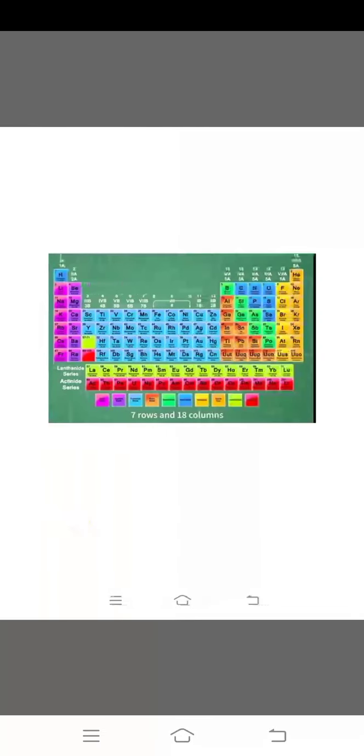In the modern periodic table, we have 7 horizontal rows and 18 vertical columns. Let us begin with understanding what periods are. The horizontal rows in the periodic table are called periods.